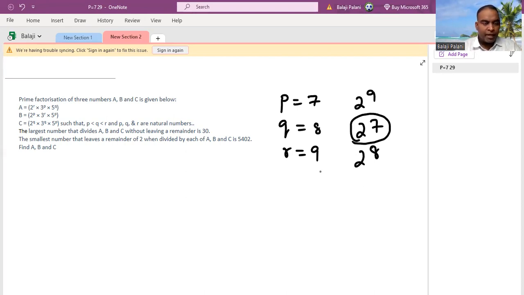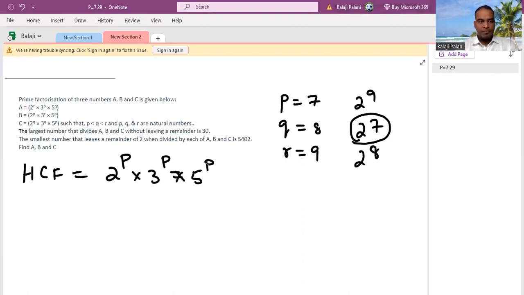Similarly, A has 3 power P, 3 power R, and C has 3 power Q. Again, the smallest will be 3 power P because P is the least. And similarly, for A, we have 5 power Q, for B, we have 5 power P, and C has 5 power P. Again, the smallest will be 5 power P. So the HCF of A, B, and C will be 2 power P into 3 power P into 5 power P. Can you all understand this?